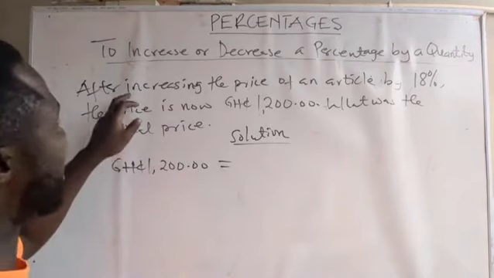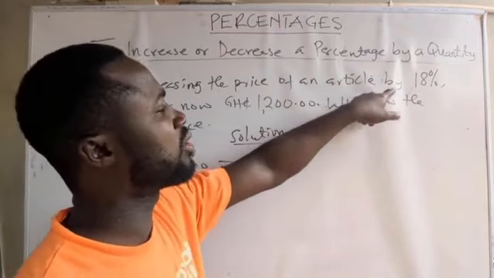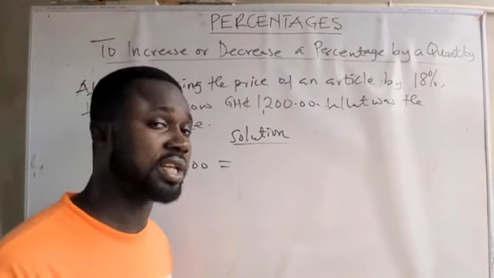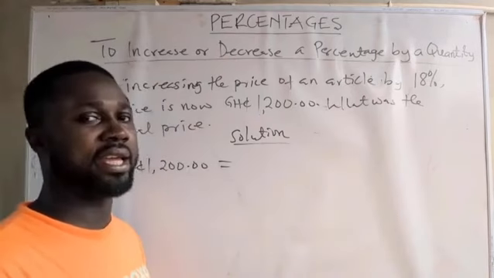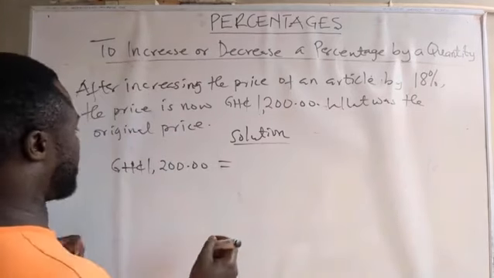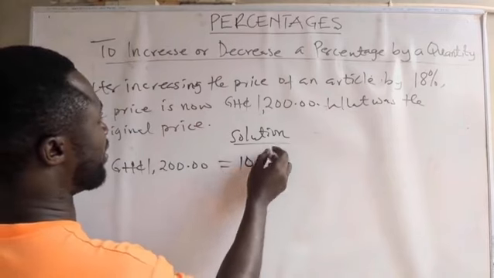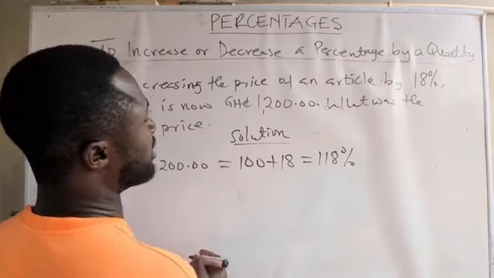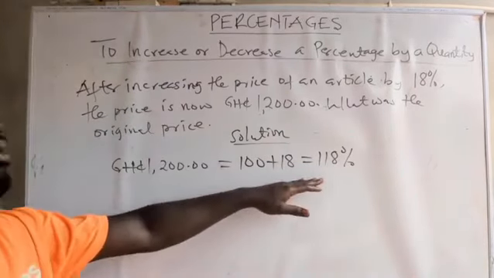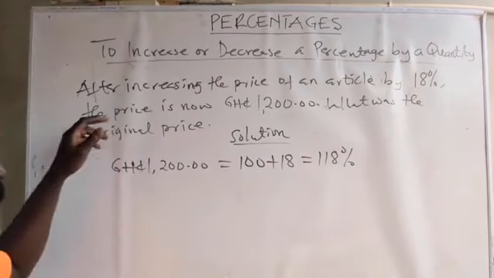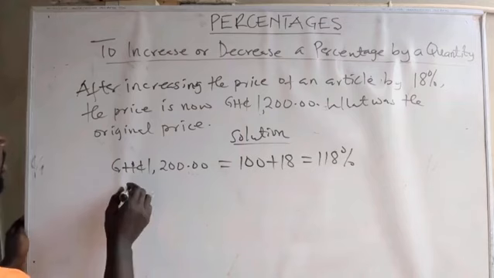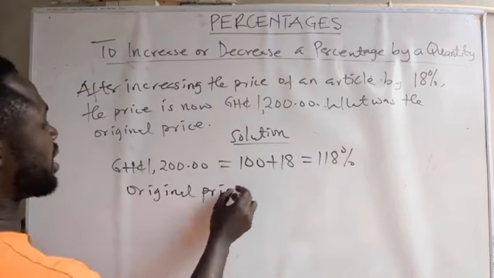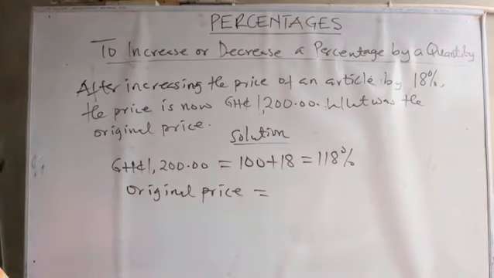Let's read again. After increasing the price of an article by 18%, so originally the percentage was 100 and it was increased by 18. So it is no longer 100 but 100 plus 18. That is 118%. So the 1,200 is 118%. All right. What was the original price? Original price, we know, is 100%. And I'm going to look for 100%.